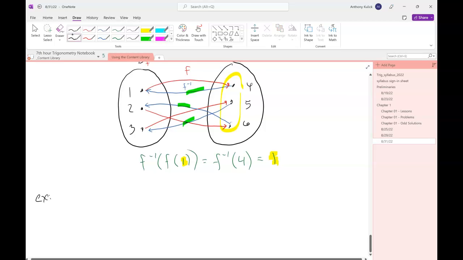Think about this a different way. What if our function f is defined as a set of ordered pairs?